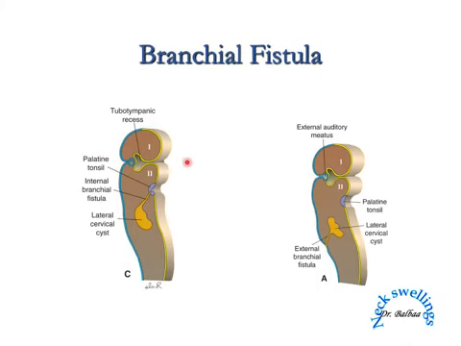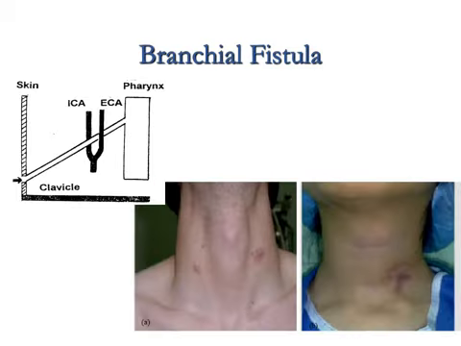However, if we go back to the same embryology, we said that there will be a cyst that is attached to the lateral wall of the pharynx. However, if this operculum does not fuse completely with the fourth branchial arch, there will be a connection to the skin, and this is called a branchial fistula. The patient will present with a swelling or just an opening at the anterior border of the sternomastoid, which may be unilateral or bilateral.